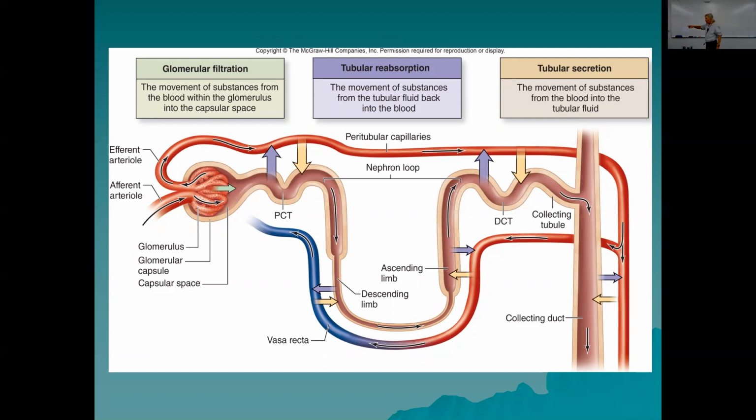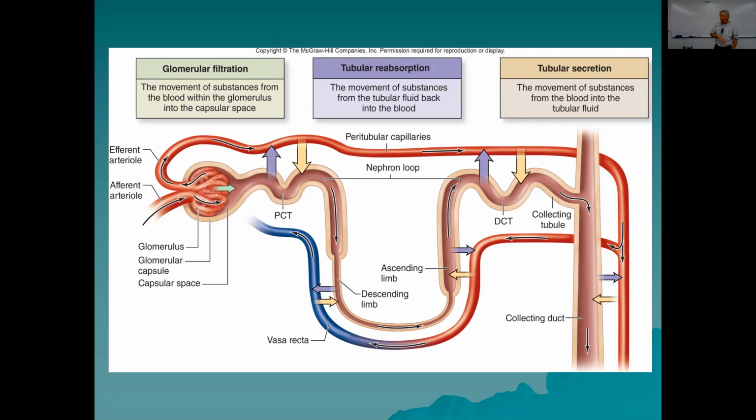Glomerular filtration, movement of substances from the blood within the glomerulus into the capsular space. That only happens in the renal corpuscle. That's it. It's the only place where filtration occurs. Tubular reabsorption, movement of substances from the tubular fluid back into the blood. As you notice, this happens throughout the entire rest of the nephron. And then tubular secretion is the movement of substances from the blood into the tubular fluid.